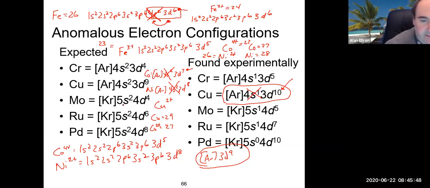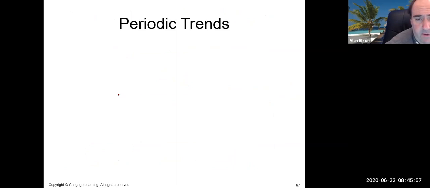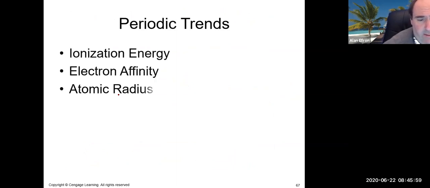Okay, then let's talk a little bit here about some periodic trends. We're going to talk about a few of these different periodic trends here. We're actually maybe going to add one to it, which is electronegativity as well.